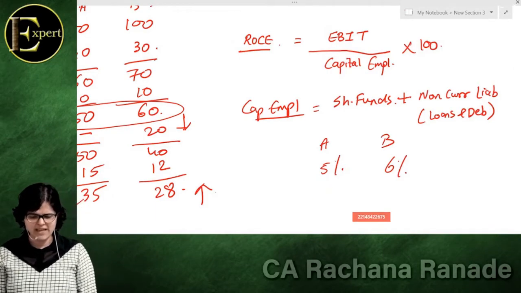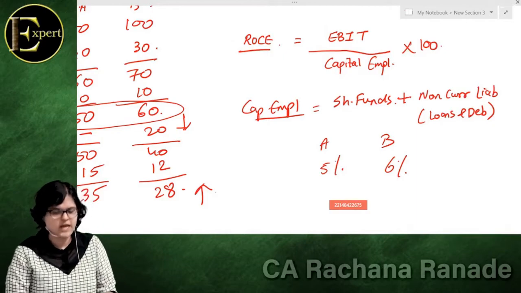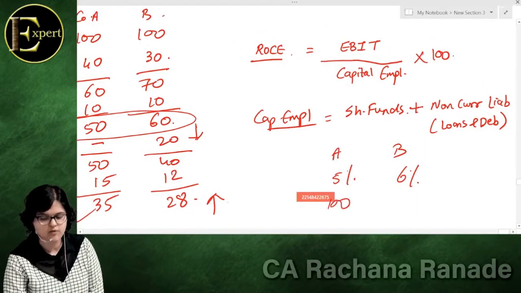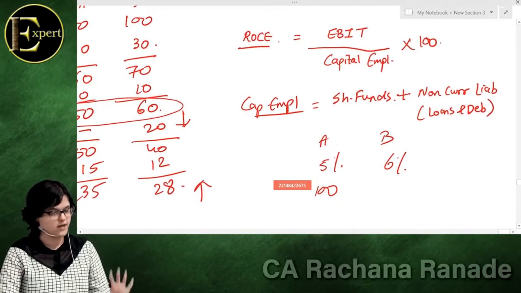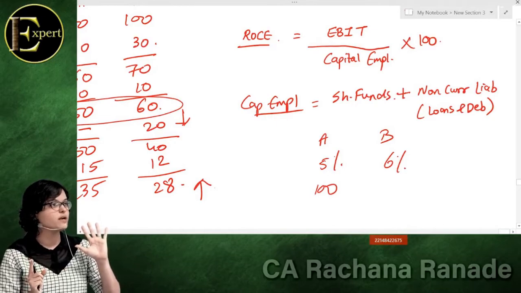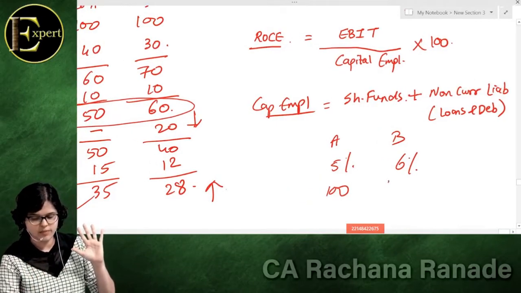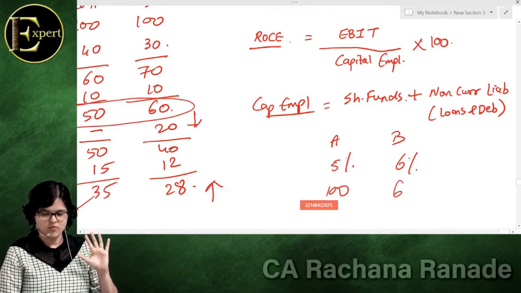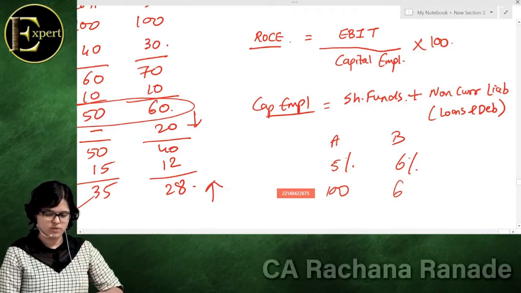B. So in simple words, can I say, if I've invested 100 rupees in A, I'm going to get a return of 5 as the operating profit. But in B, I'm going to get a return of 6 as operating profit. Correct. Wait. Would you invest in A or B or none of the above?